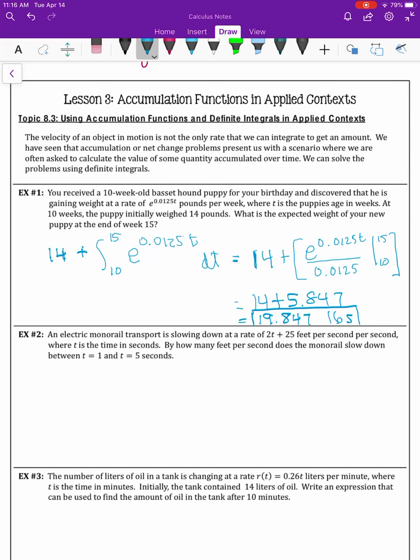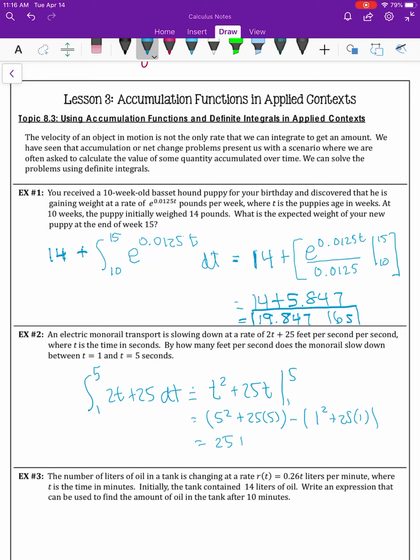Example number 2. An electric monorail transport is slowing down at a rate of 2t plus 25 feet per second, where t is the time in seconds. By how many feet per second does the monorail slow down between t equals 1 and t equals 5? So the integral from 1 to 5 of 2t plus 25 dt, and this would be t squared plus 25t from 1 to 5.